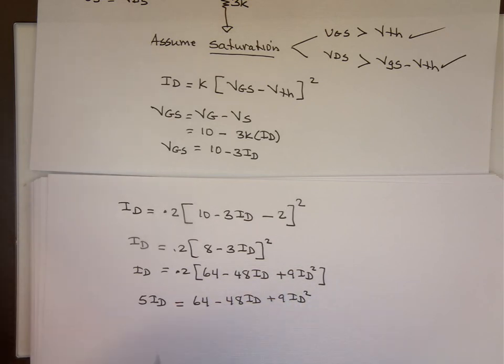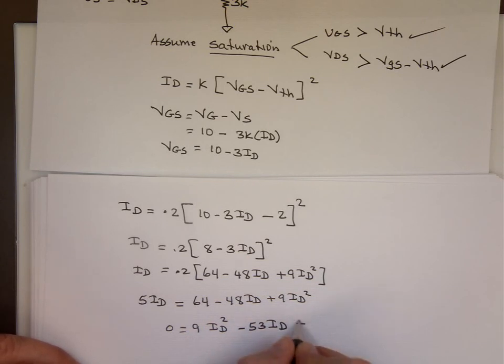So if I reshuffle everything, 0 equals 9 I sub D squared minus, what's 48 and 5? 53, plus the 64. And let me divide by 9 just to make the number a little bit smaller.